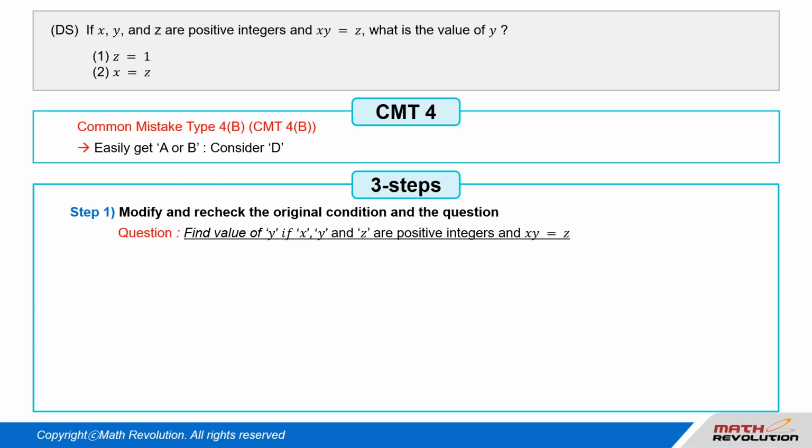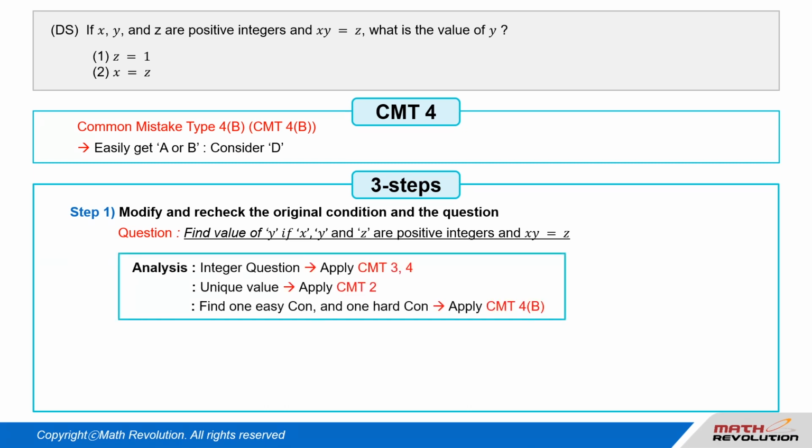We have to find the value of y if x, y, and z are positive integers, and x times y equals z. This is an integer question, and therefore one of the key questions. We must pay close attention to CMT3 and 4 in key questions.